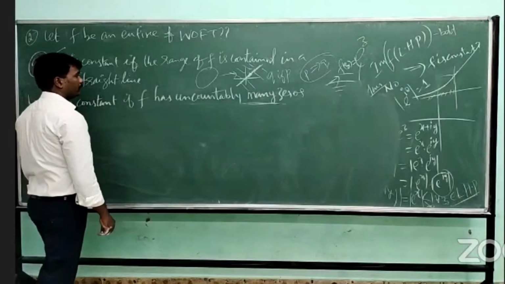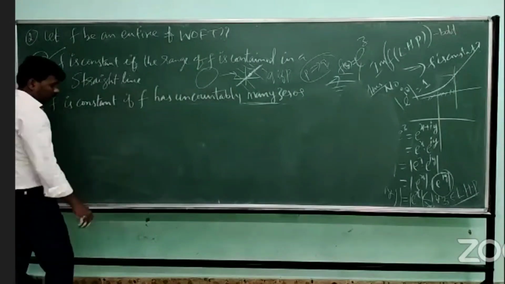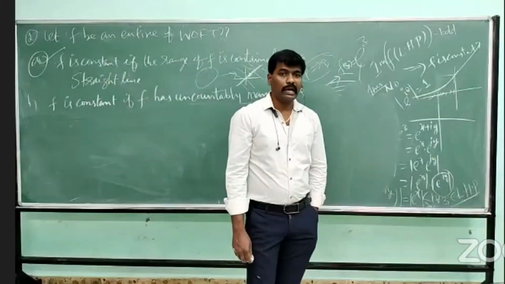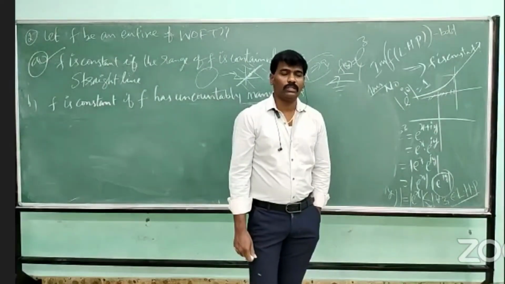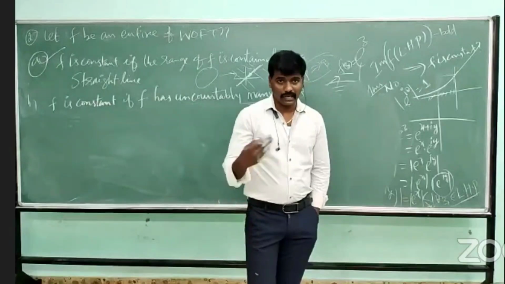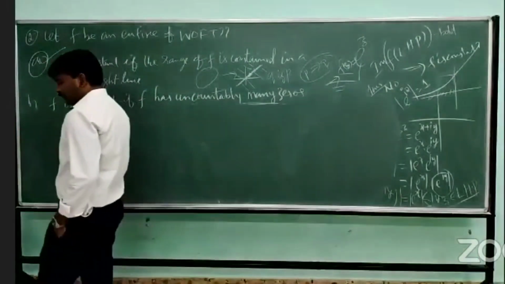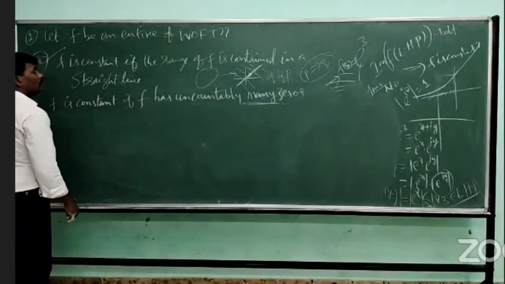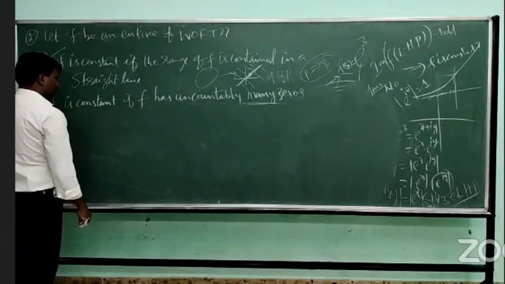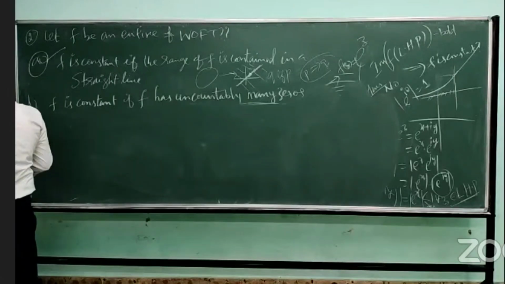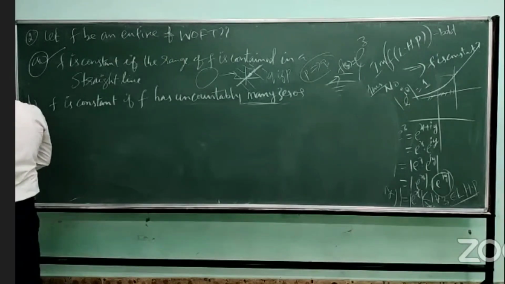Uncountably many zeros. Zeros are isolated, you know. The uniqueness theorem, the identity theorem, you know. So two theorems are there. We can use them in some other problems also, and they will frequently come.